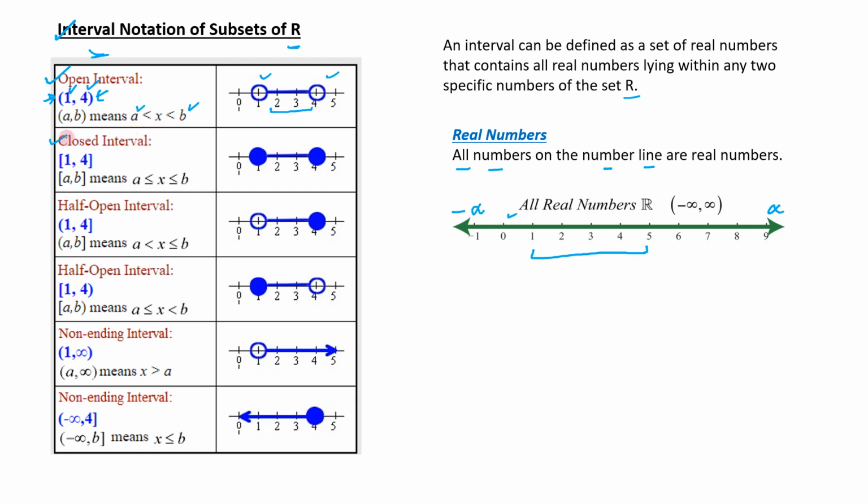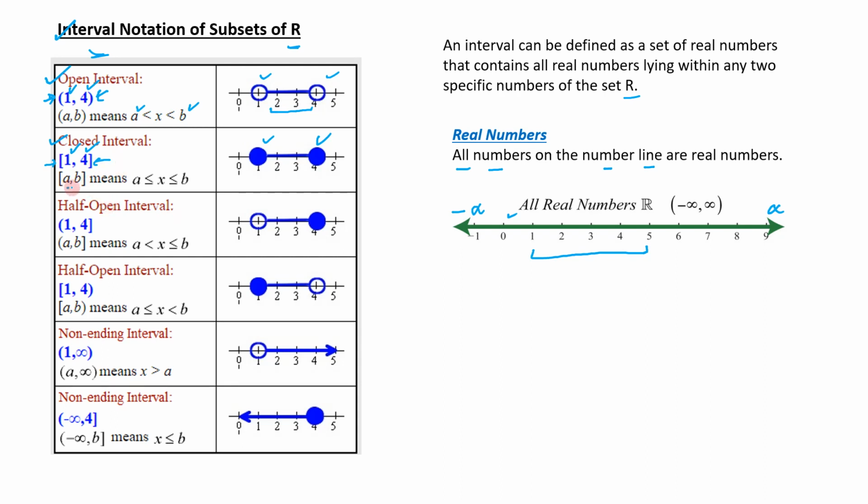Closed interval. In order to understand what a closed interval is, let us take again two numbers 1 and 4. Here you can see that 1 and 4 both have been shaded. In the previous case, the endpoints 1 and 4 were not shaded. Here the endpoints have been shaded, which means that we'll have to take all the values from 1 to 4, with 1 and 4 included, as a subset of R. Here we are using square brackets on both sides to show that the interval is closed.